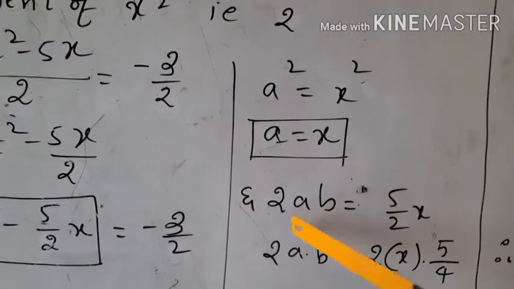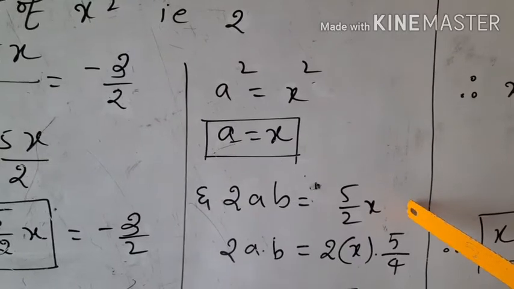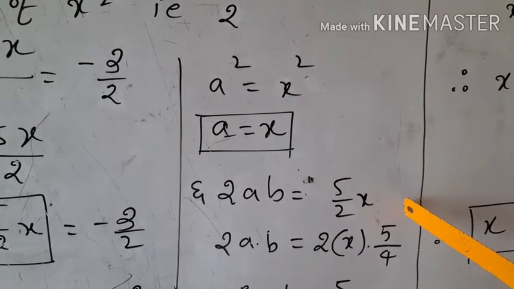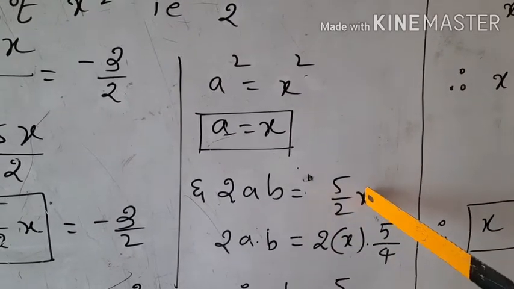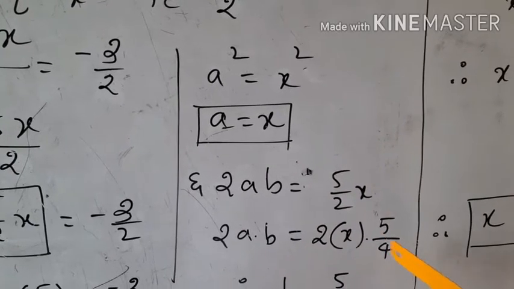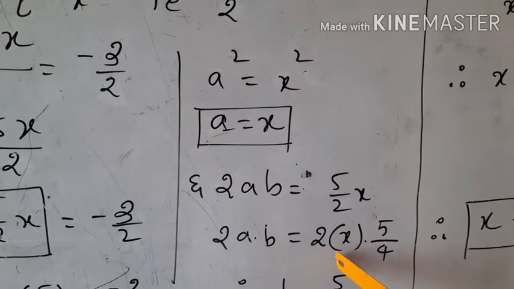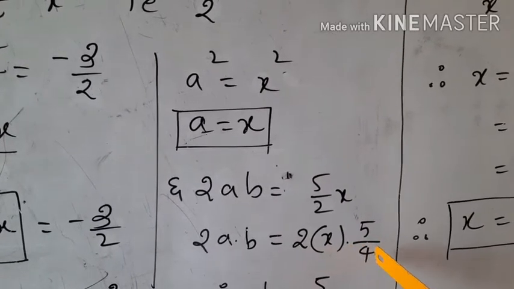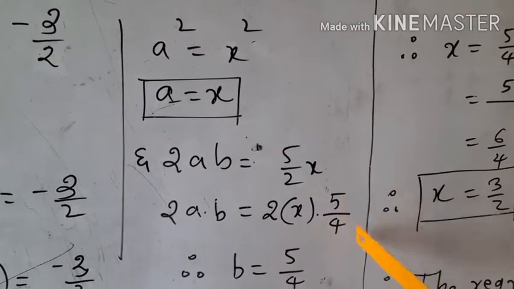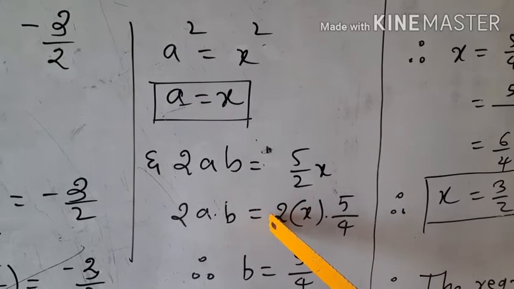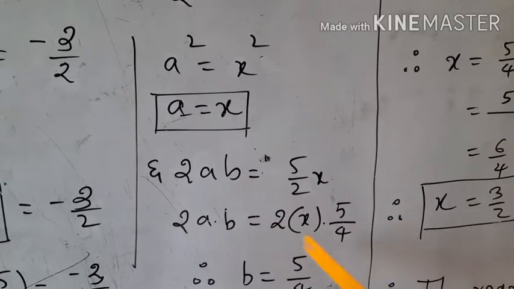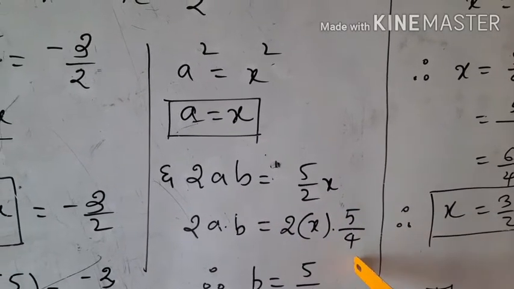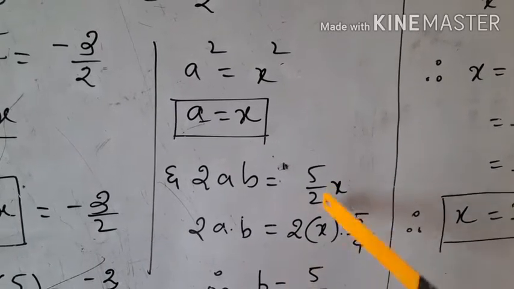So 2ab is equal to 5 by 2 x. That is, I write this in the form of 2ab. See here, 2, where there is a I put x, and where there is b I put 5 by 4, because if this 2 and 2 get cancelled, 2 ones are 2, 2 twos are 4, 5 by 2 remains, 5 by 2 into x is 5 by 2 x.